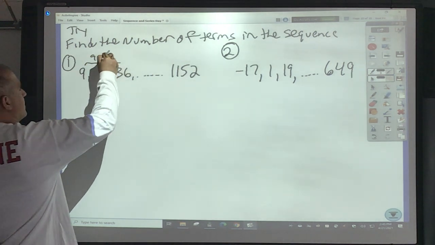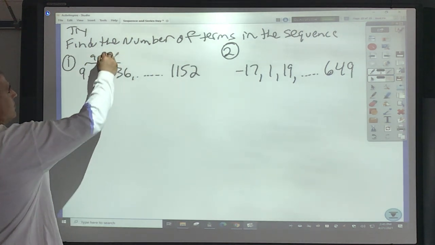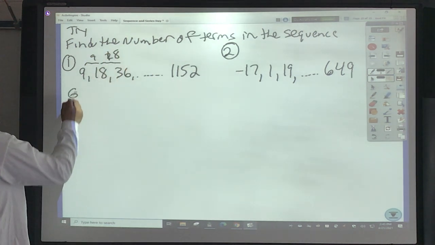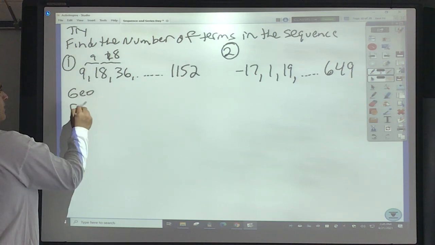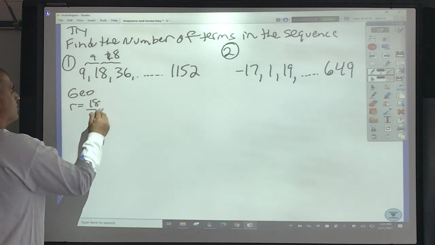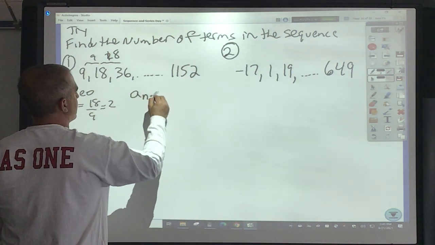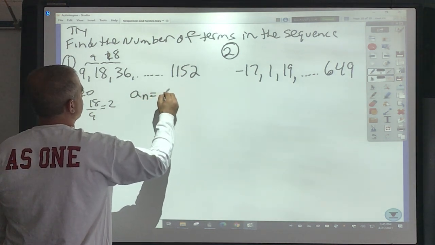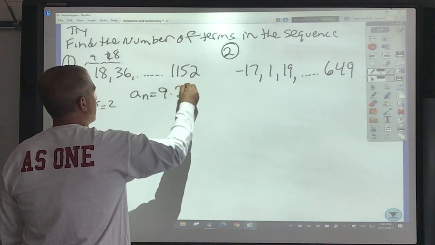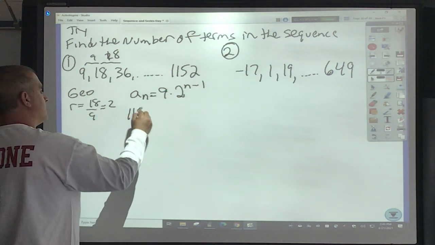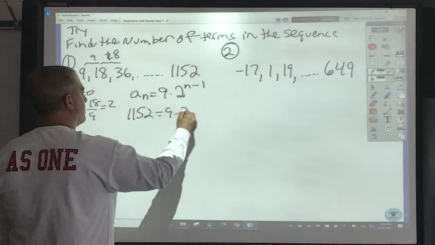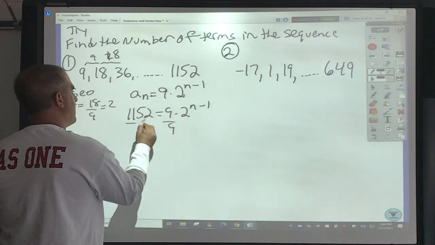Now this one, the difference would be 9. This difference is 27. Or no, I'm sorry, 18. So we know this is geometric. So I do 18 over 9, which would give me 2. So I got an equals 9 times 2 to the n minus 1. Well, I can go ahead and put the 1152 in here, and then divide the 9 over.